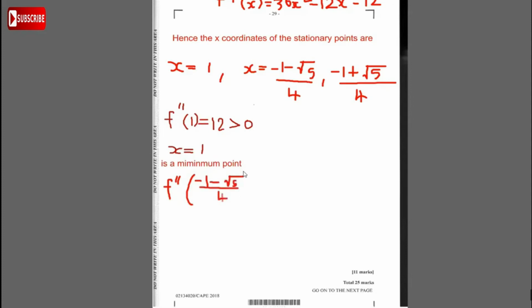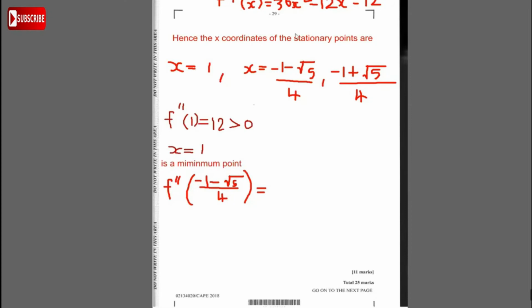find f double prime of this, and you're going to get that this is equal to, put it in the formula up here, minus 1 minus root 5 divided by 4, and I have 36 times that squared minus 12 times that minus 12.